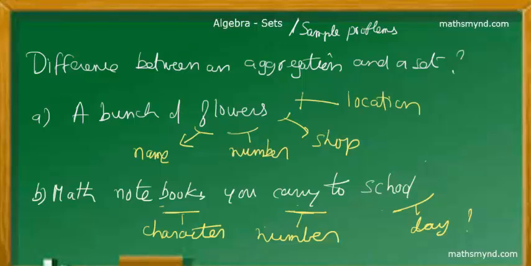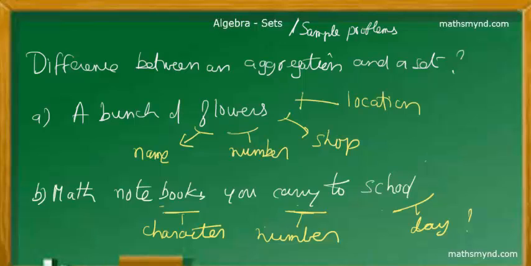Let's go on to the sample problem section. First, this section is particularly meant to reinforce the concepts and to have a thorough understanding of what each theoretical point stands for.